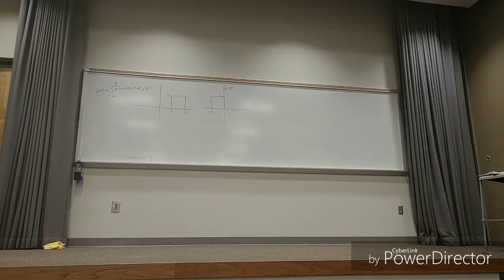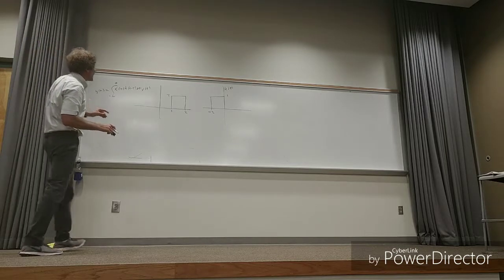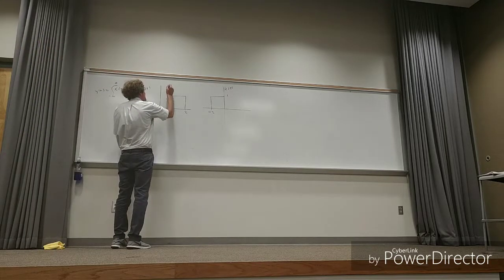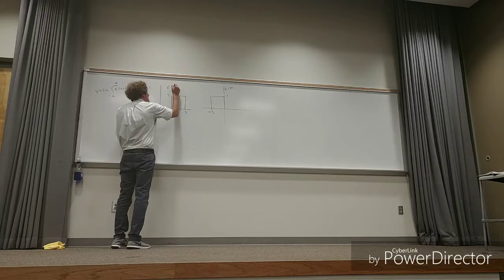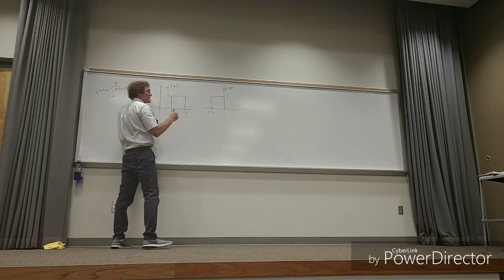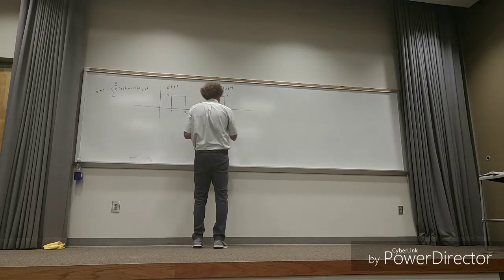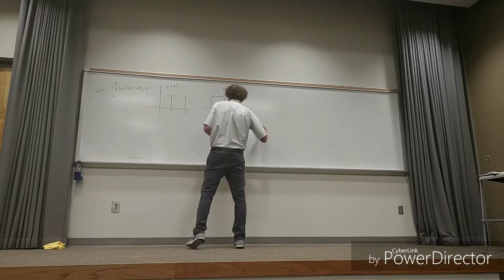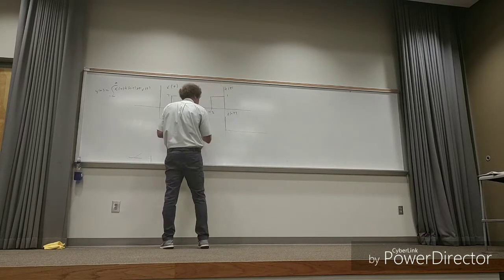Now I look at the other function, and before I do anything, I'm going to call this my x of tau here. And I'm just going to have x of minus tau, just so I get my head on straight. So I put x of minus tau here. You don't have to do it this way, but it's helpful.